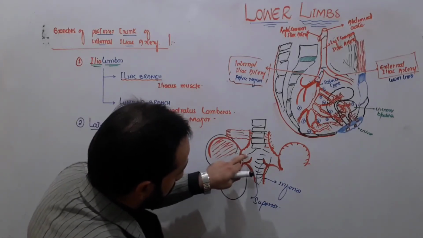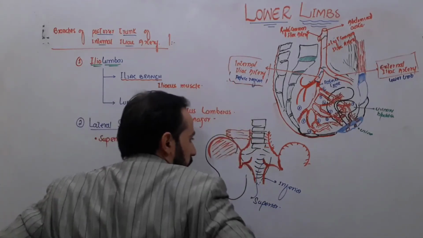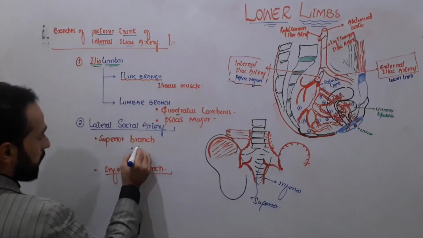Here is a muscle posteriorly, present on the back side of the body. That is called the erector spinae muscle. So let me write here.